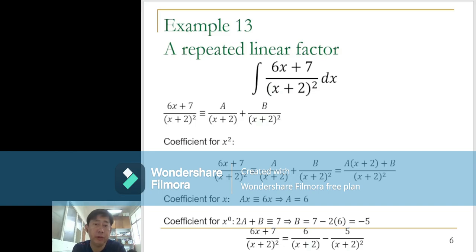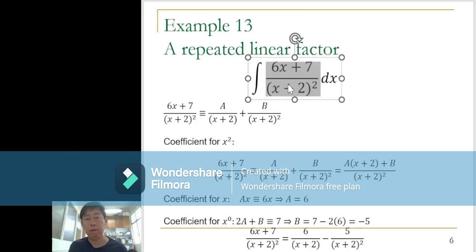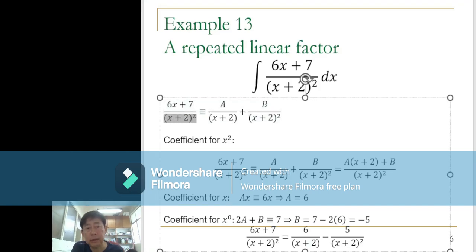As a conclusion to this video, we have discussed how to perform integration for the integrand of a proper fractional function, where the function comprises a repeated linear factor in its denominator. The fractional function is decomposed into two partial fraction terms.